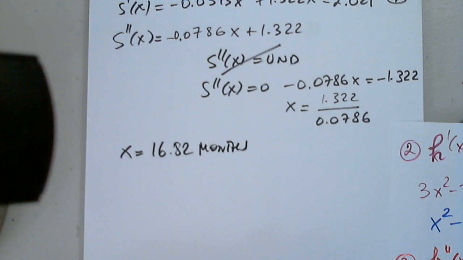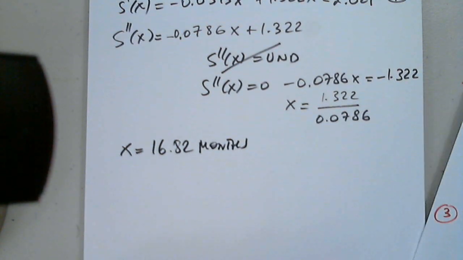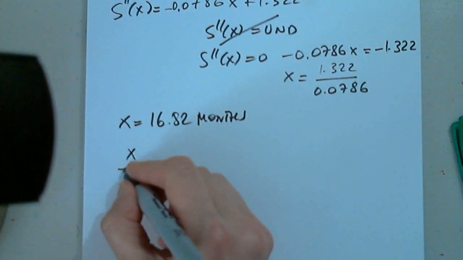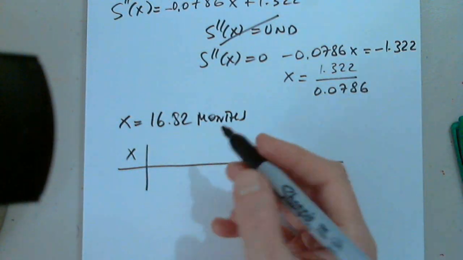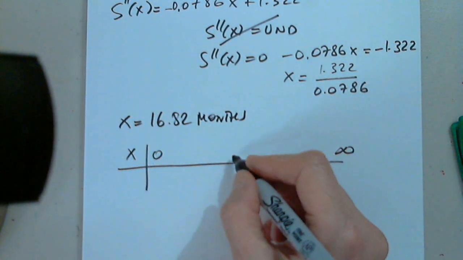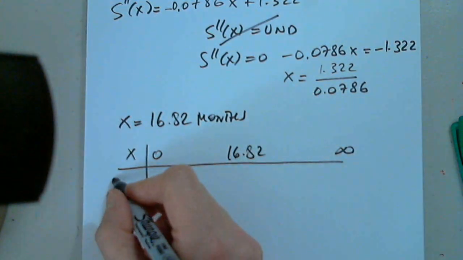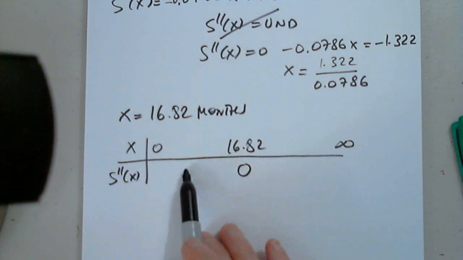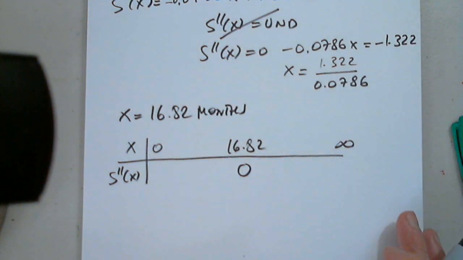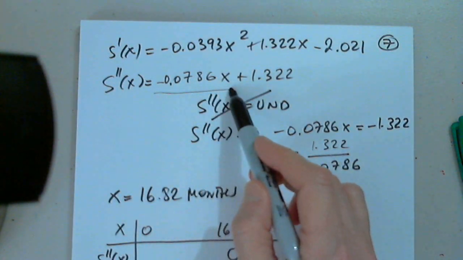Okay. And you know what we do next. So here's x. So x is from 0 to infinity, but 16.82 is where the second derivative is 0. We need to study its sign. So here's the second derivative.